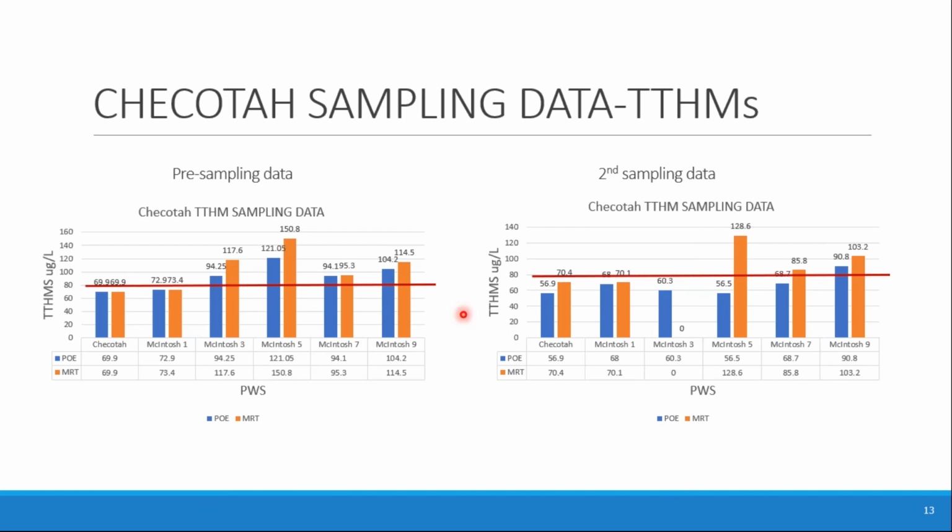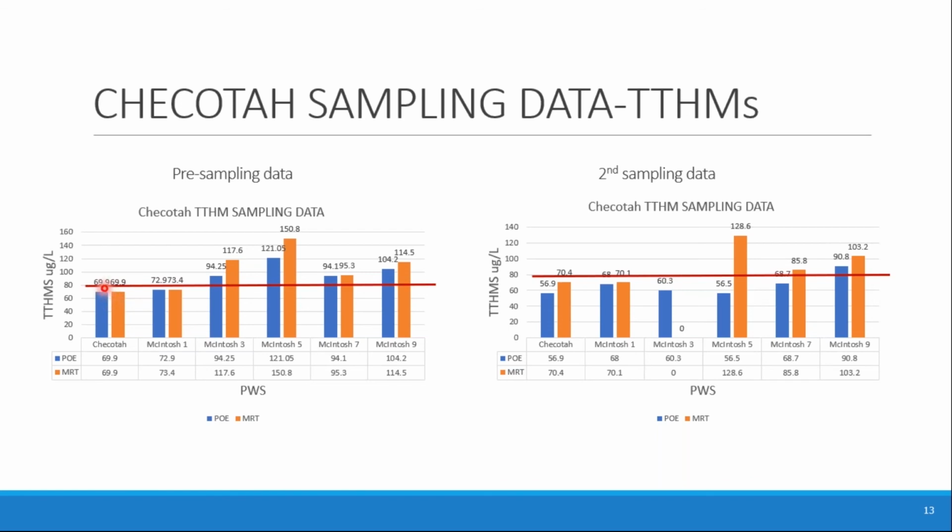And for the consecutive water systems, the point of entry was identified as the meter where the water transfers from the wholesale system to the consecutive system. So if you look at the data for the first round that was done in July, there's some indication here that the DBPs are being formed.